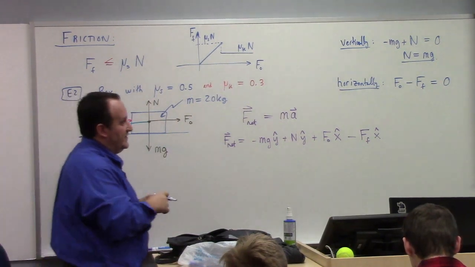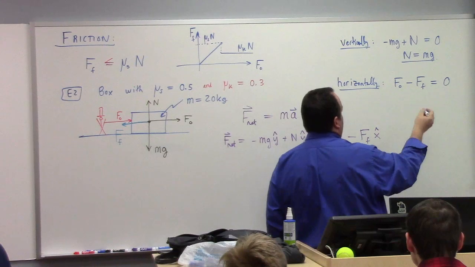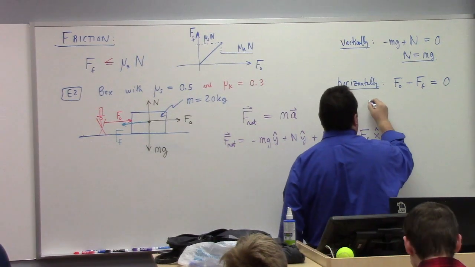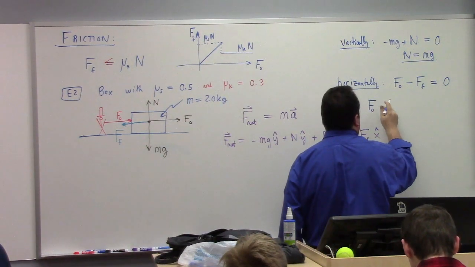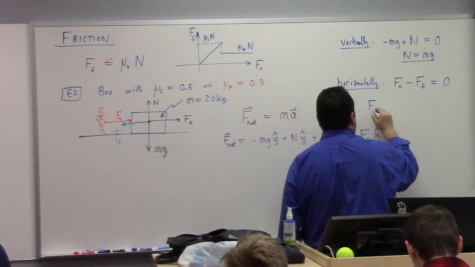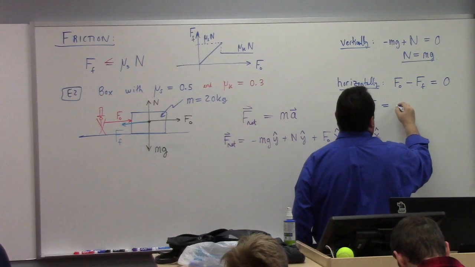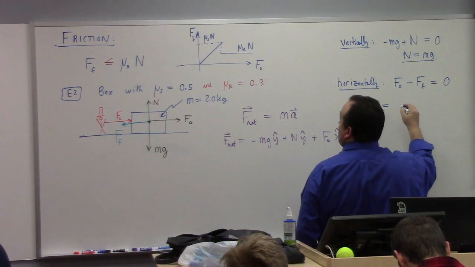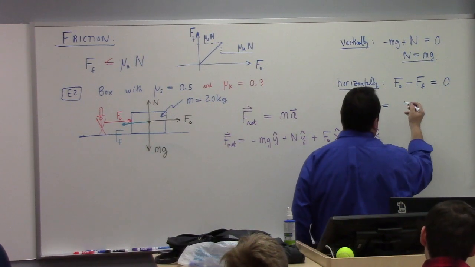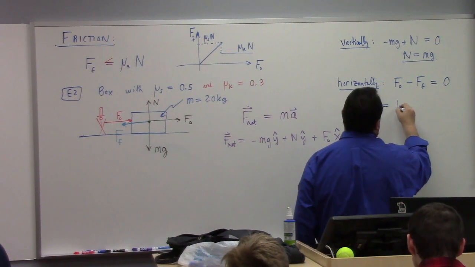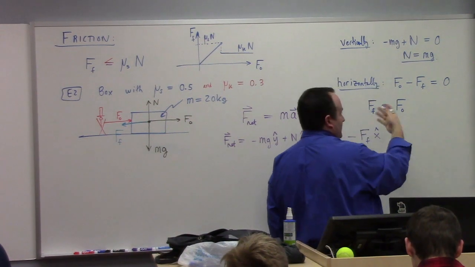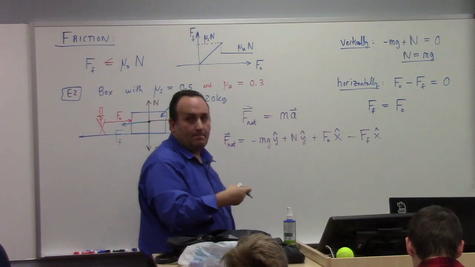So what is the equation here? The force of friction has to be equal to F0 if it's going to stay in equilibrium, right?